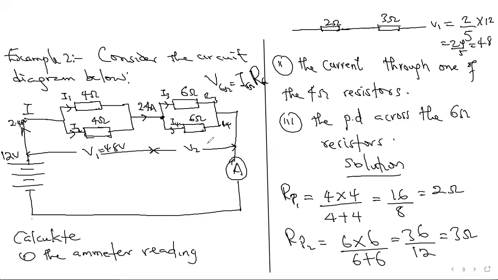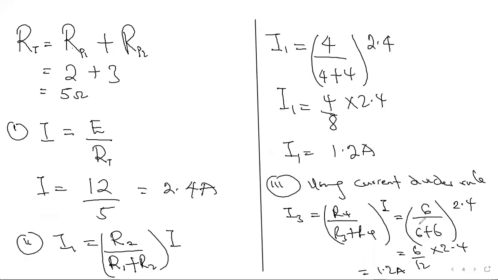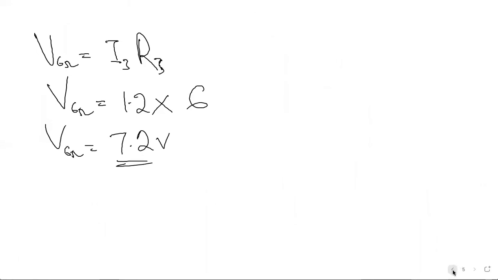So that's V1, 4.8 volts. So what is V2? It's easy, you just subtract: 12 minus 4.8 is 7.2. That's exactly what we got here for the voltage. Can you see it makes sense?